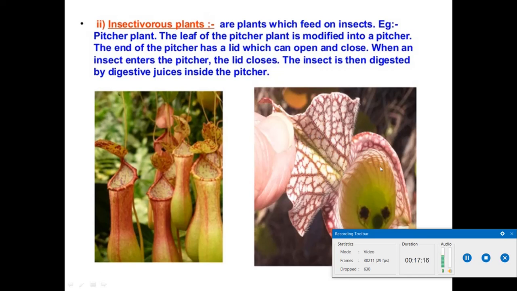When an insect enters the pitcher, the lid closes. The insect is then digested by the digestive juices inside the pitcher. So there are digestive glands which secrete digestive juice, and with the help of these digestive juices, the insects are digested.